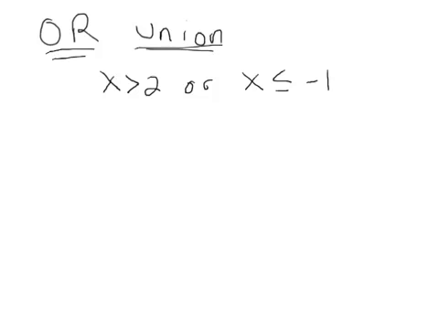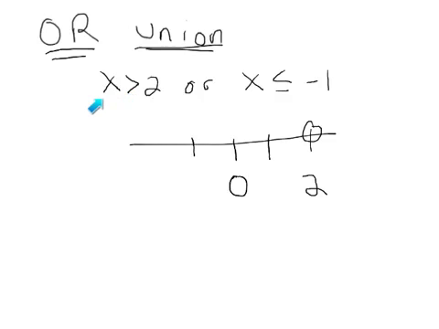Here is my "or." I'm going to put my number line down. I put a 0. My first number on this side is the 2, so I put my 2 in here, open circle, because that's a greater than sign, and then I ask the question, what number is greater than 2? All of these numbers are greater than 2.